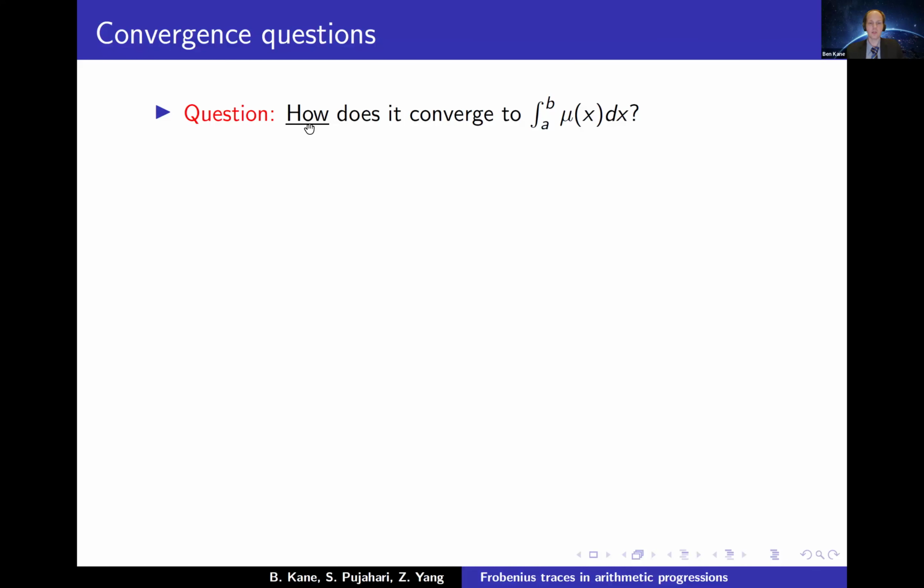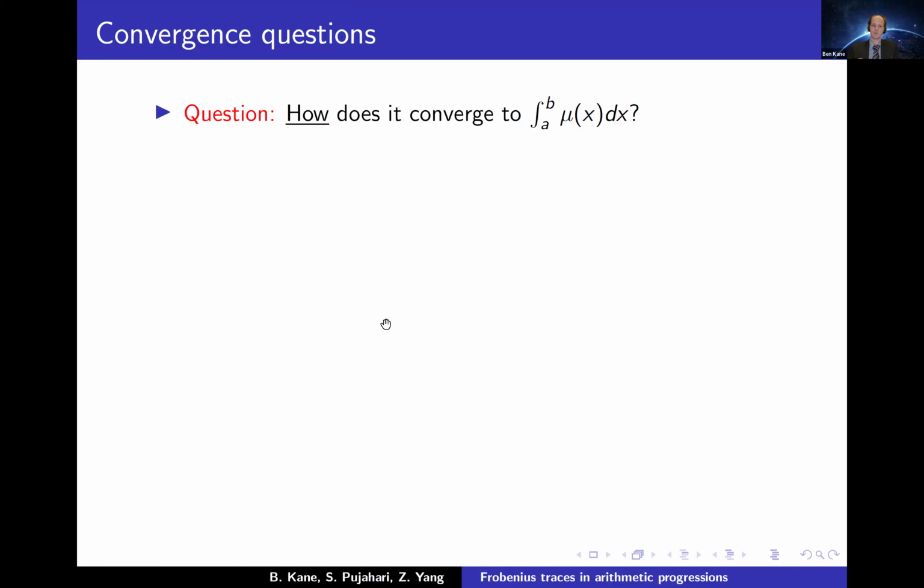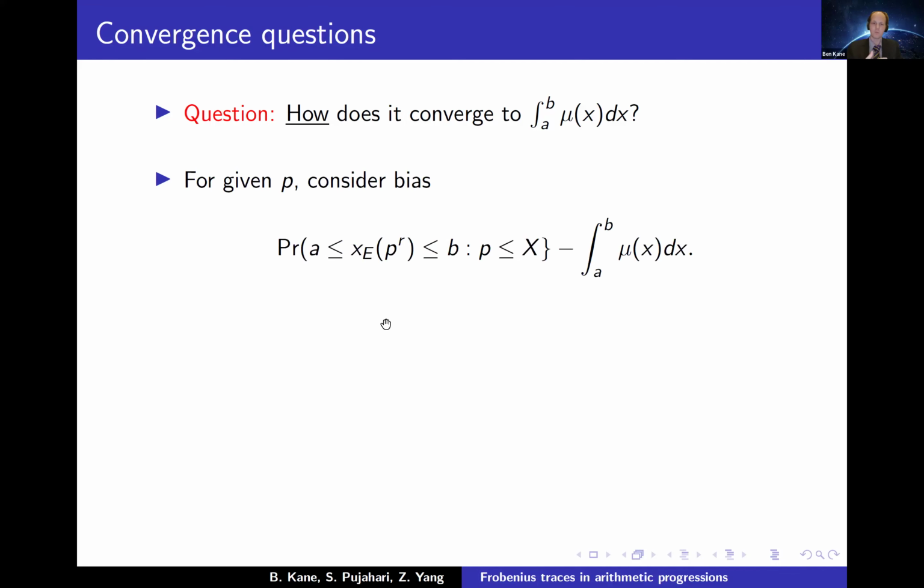Yeah. So you can ask a question. How does it converge? So we know it converges because the error term goes to 0, again with capital M and little m fixed. But you can ask how does it converge, in that you can take away the main term and you consider the bias, the error term.